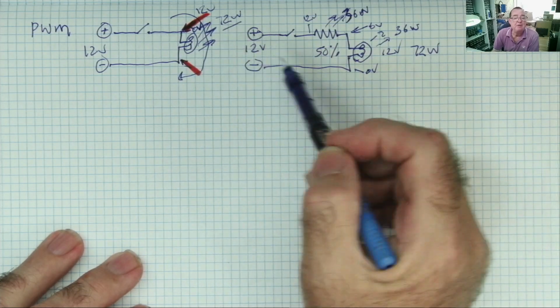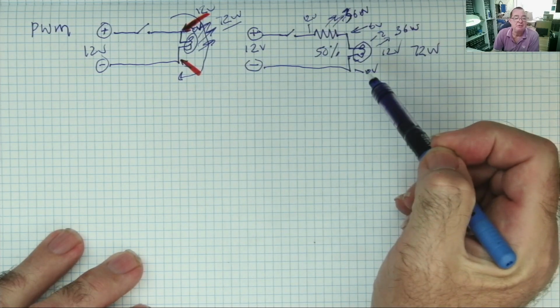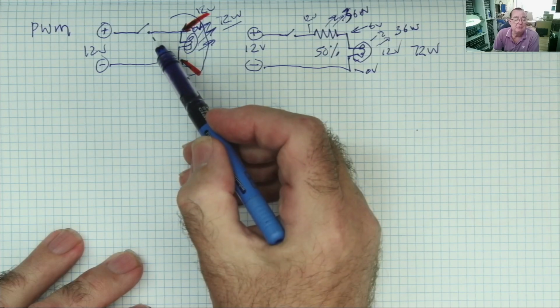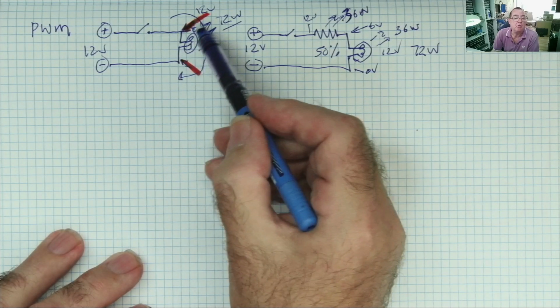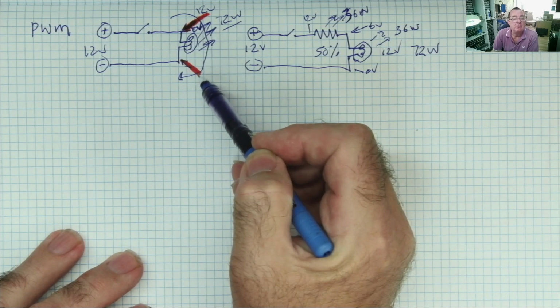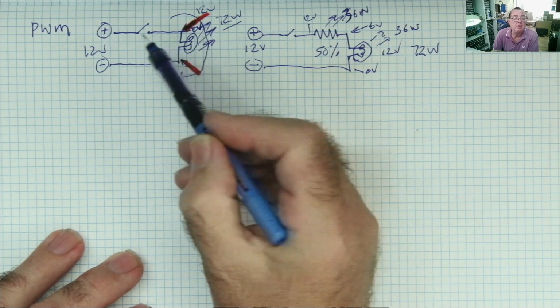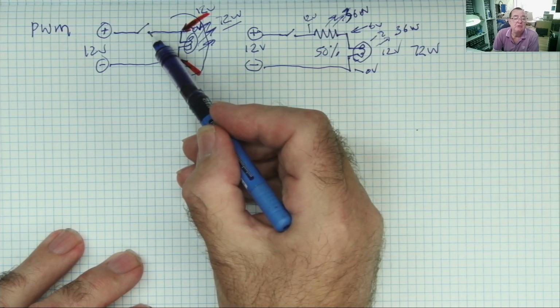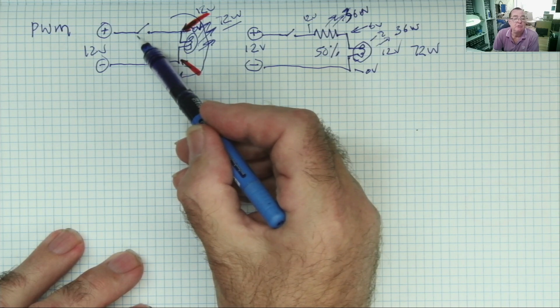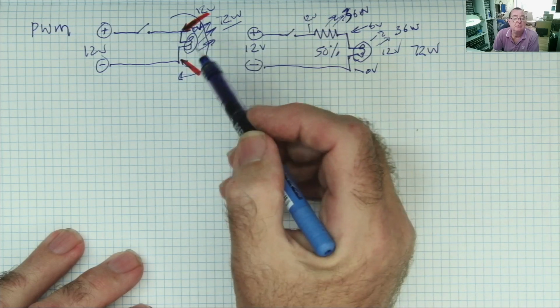But look what's happening in the condition of efficiency. When the switch is closed, this is effectively a short circuit. So all the 12 volts appears across the bulb and none of it appears across the switch. The wattage dissipated by the switch is the voltage dropped across it times the current.